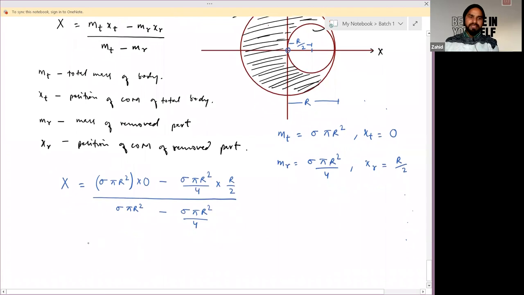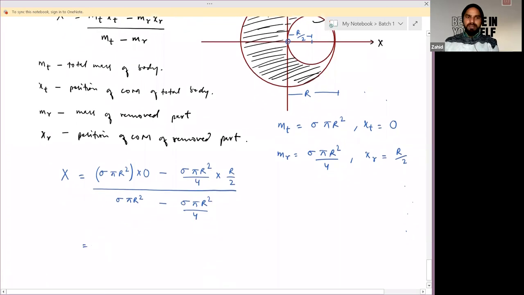So if you simplify it, sigma pi r square times 0 is 0, minus sigma pi r square, take it as common, so you're left with r by 8. Whole divided by, taking out sigma pi r square as common, 1 minus 1 by 4.